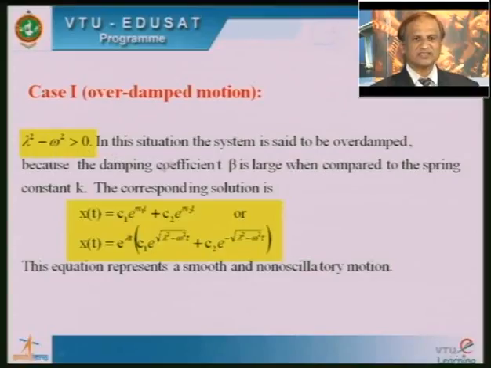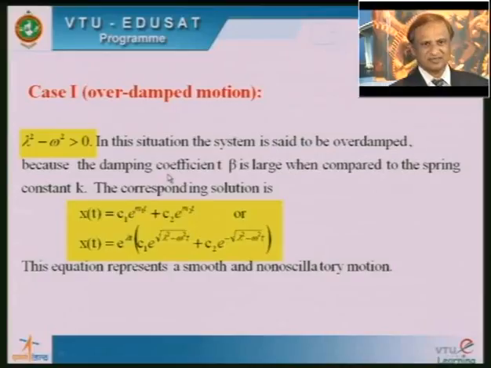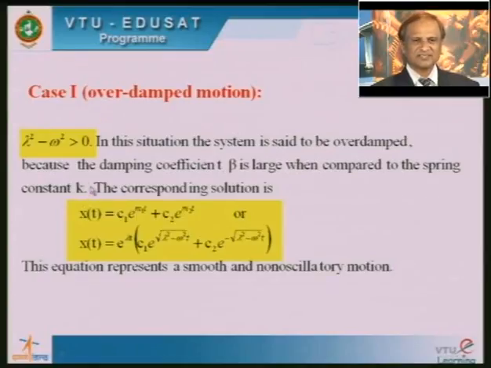In this situation, the system is said to be over damped, because the damping coefficient beta is large when compared to the spring constant K. So when we get greater than 0, that depends upon beta and K. Our differential equation contains beta as some constant and K as some constant.